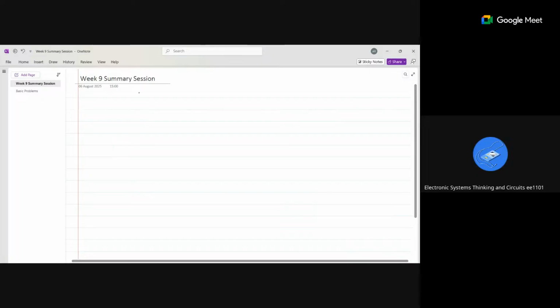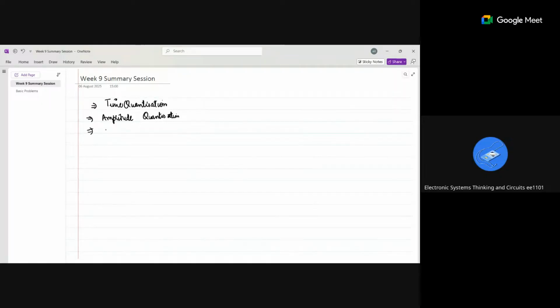So in week 9, we'll basically be seeing about time quantization, amplitude quantization, then sample and hold circuit, then flash ADC, then capacitor based circuits.